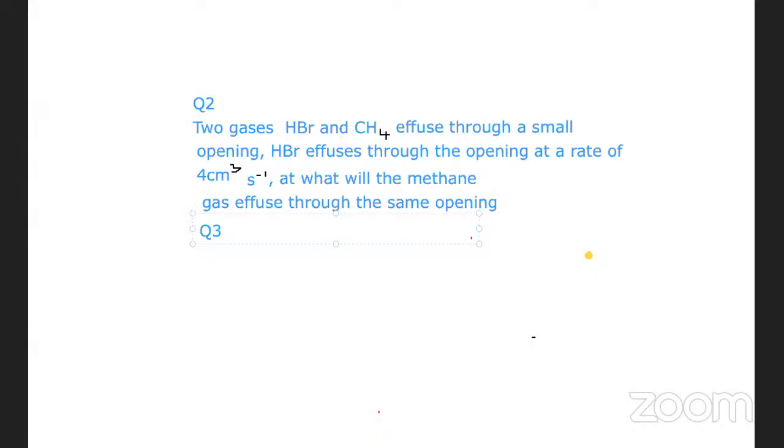Then, ma, when you were explaining, you said rate of the smaller one over rate of the bigger one equals square root of molar mass of... I want to confirm, is it rate of the smaller one over rate of the bigger one? Rate of the smaller one over rate of the bigger one.